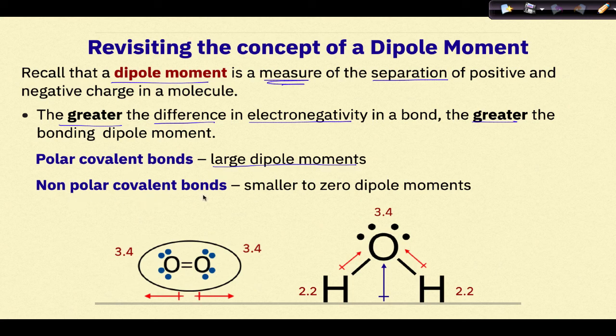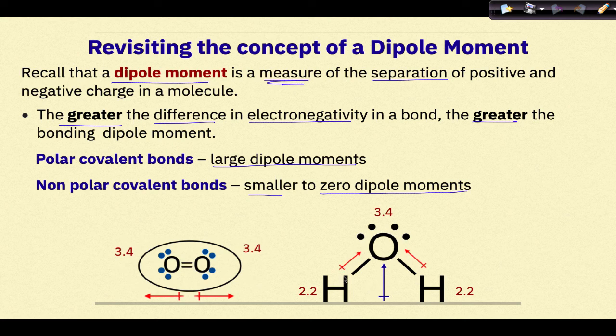Nonpolar covalent bonds will have smaller to zero dipole moments. So in this model of diatomic oxygen, there is a zero dipole moment because both of these polarity arrows cancel each other out. They're pointing in opposite directions because the electronegativity difference between the two oxygen atoms is zero.